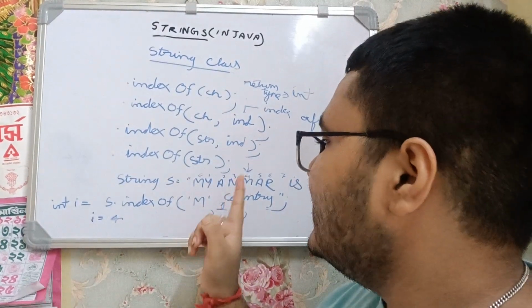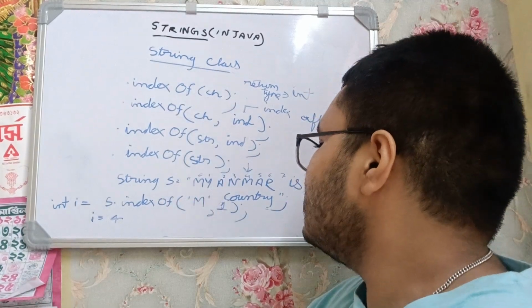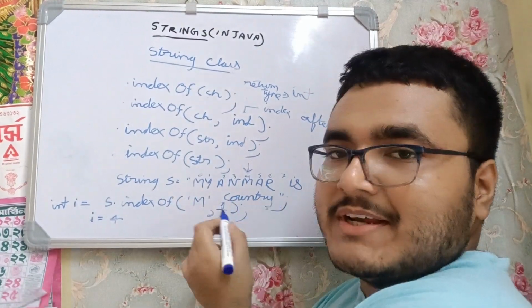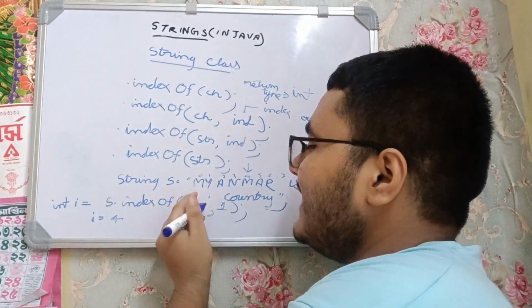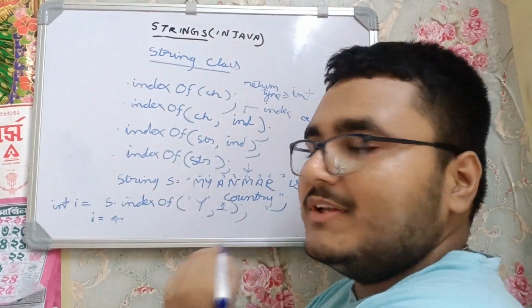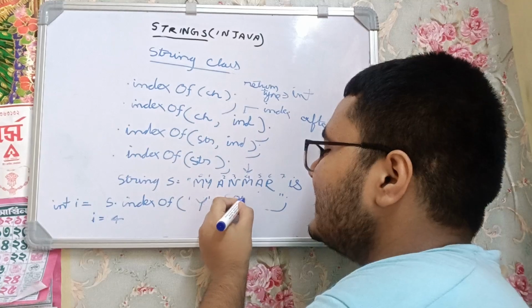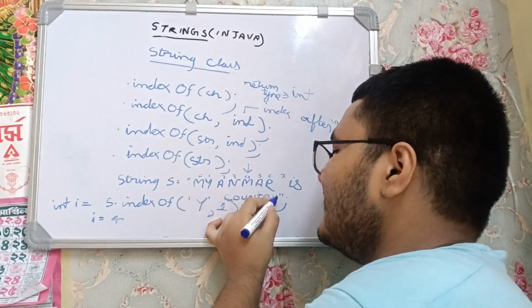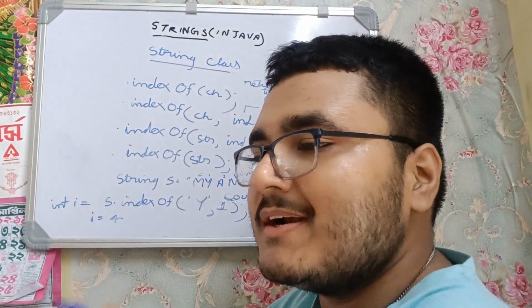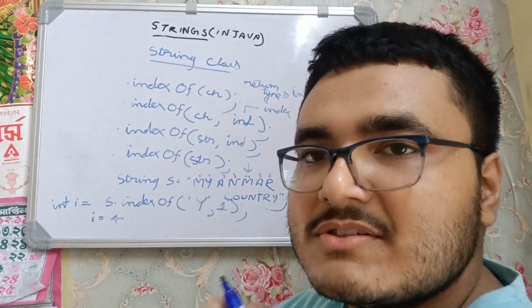But it is not capital Y, it is small y, so capital Y, 1 will return -1. Java is a case sensitive language. The uppercase and lowercase things matter a lot in Java.